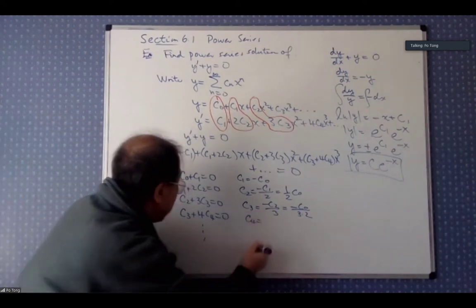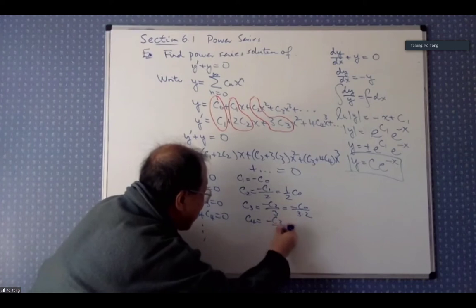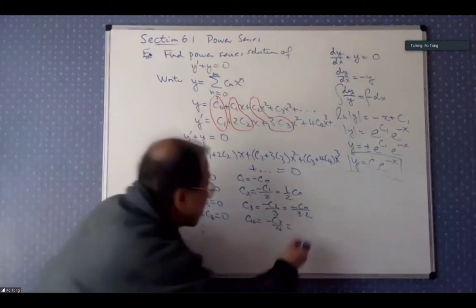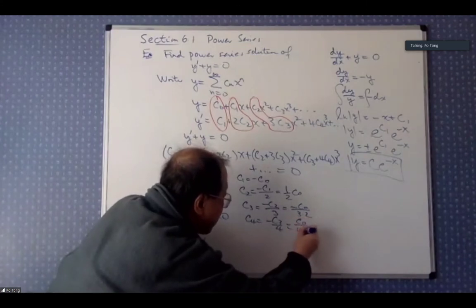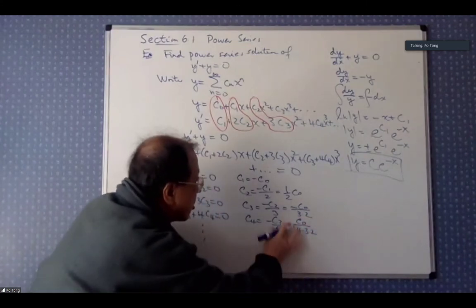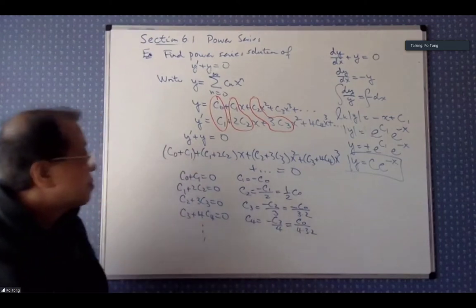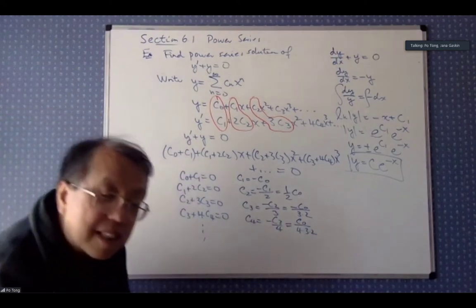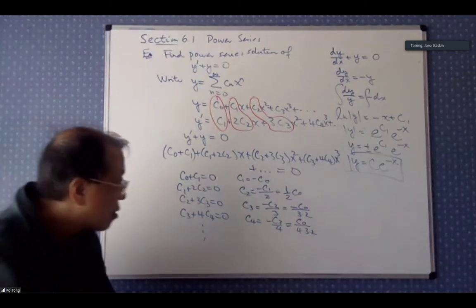C4 will be negative C3 over 4. Will be negative of this guy, the negative and negative become positive. 4, 3, 2. Do you guys see a pattern? Factorial on the bottom. Okay.